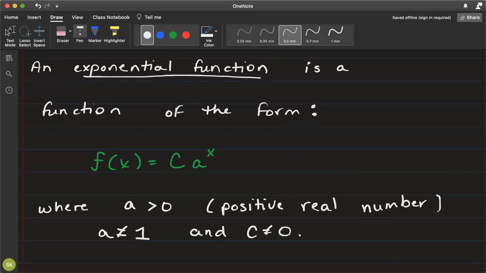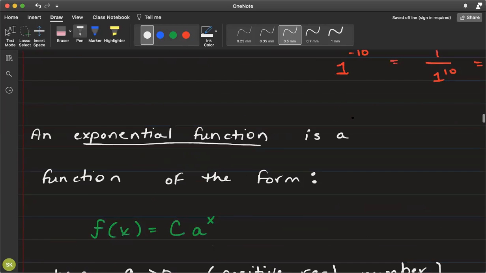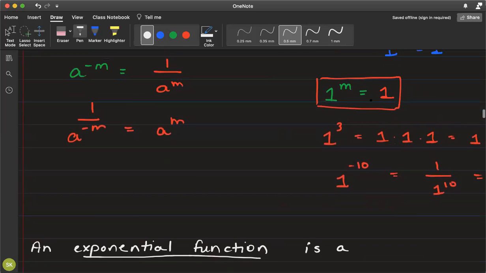So we're going to put numbers like 2 here, or 3, something like that, or even like a half, and we're going to raise it to a power. And this, you can put anything you want here. This is any kind of constant, just not 0, because if you multiply this by 0, the whole thing's 0. So this is not going to be an exponential function. And you don't want this number to be 1 because, as we saw a minute ago, when we raise 1 to a power, we just get 1.